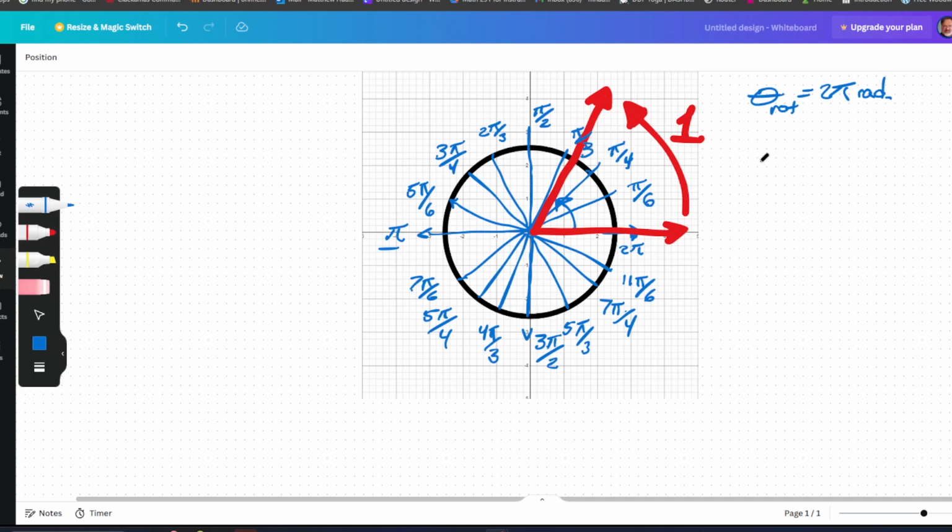It's 3.1415, blah, blah, blah, over 3. Well, that should be about 1, and frankly, a little bit more than 1. Well, where does pi over 3 land? A little bit more than 1 radian.